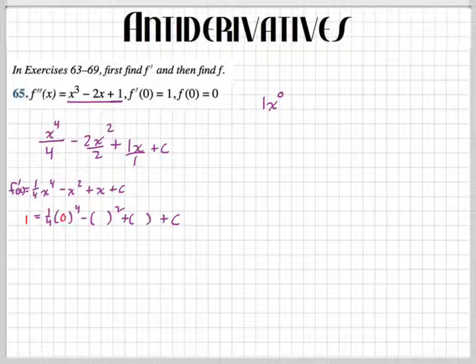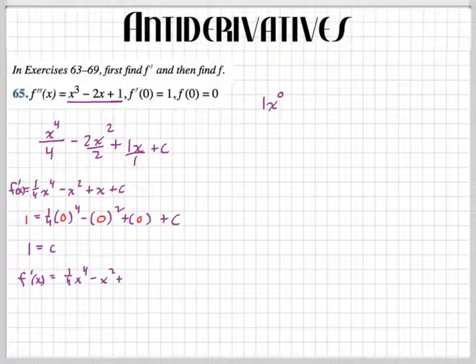So we're plugging in 0 to these, which is great. What does c equal? 1. Uno. Okay, so now my f prime is 1 over 4 x to the 4th minus x squared plus x and then plus 1.